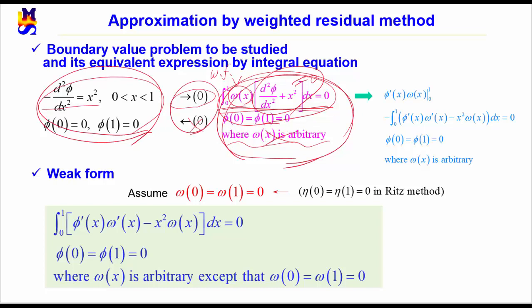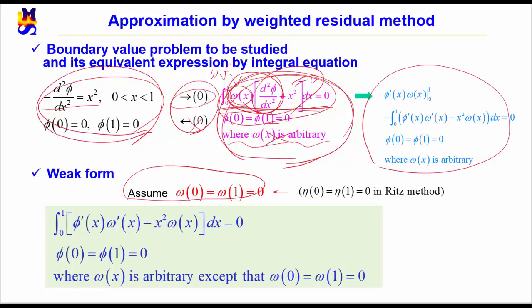Now, we apply the rule of integration by parts to omega pi double prime x to obtain this problem. We can assume without loss of generality that omega 0 and omega 1 are all zeros because essential boundary conditions are imposed on the boundaries x equals 0 and x equals 1.